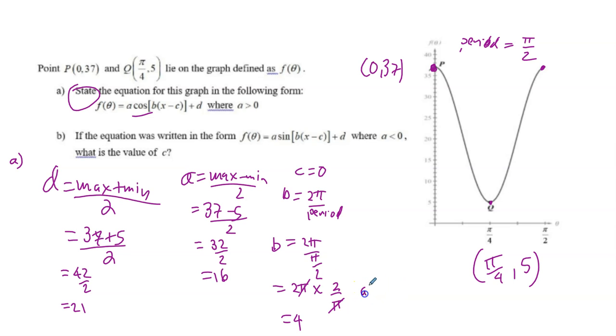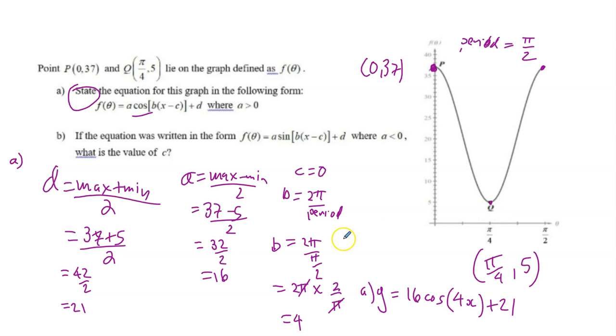So part A, our equation, y is equal to 16 cos, you don't necessarily need square brackets, but let's put brackets here, 4x, now c is 0, so 4x plus 21.